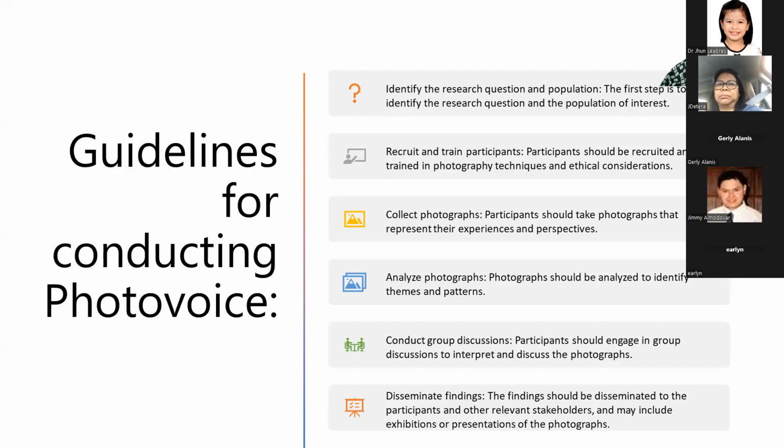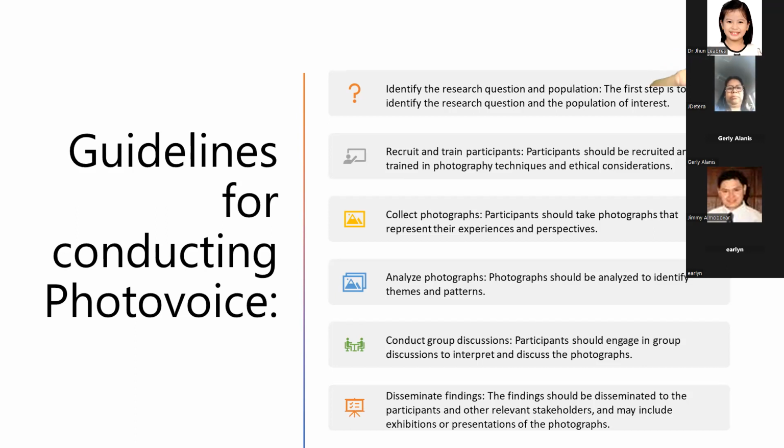The group discussions are only if they agree to join. Because sometimes if it's a sensitive topic, they won't join. Okay? So you have to tell them beforehand, are you willing to join a group discussion?